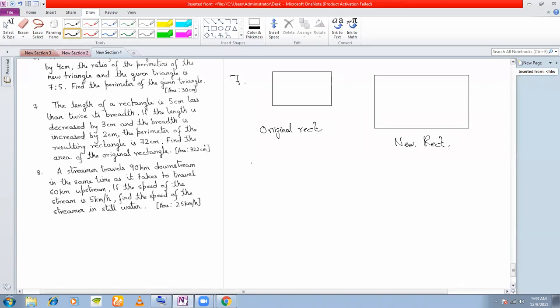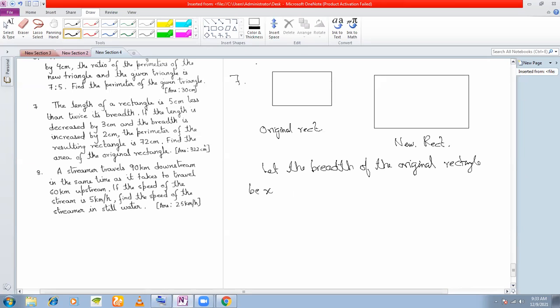I start by saying, let the breadth of the original rectangle be x.